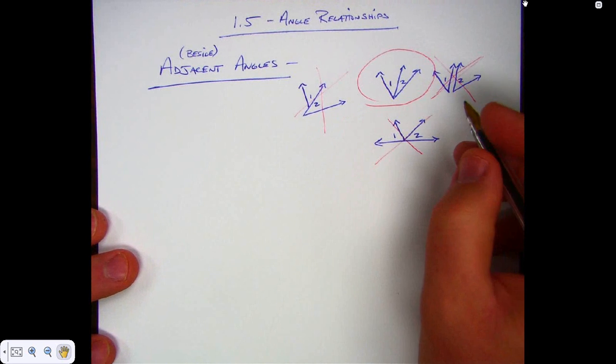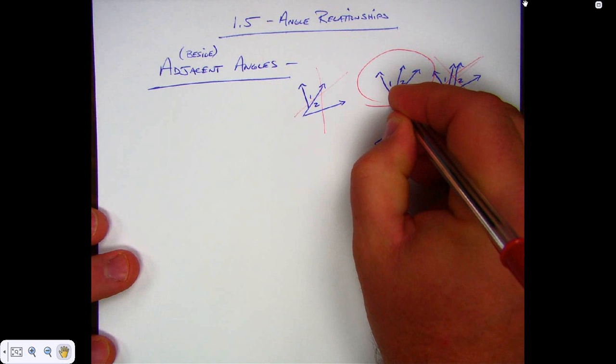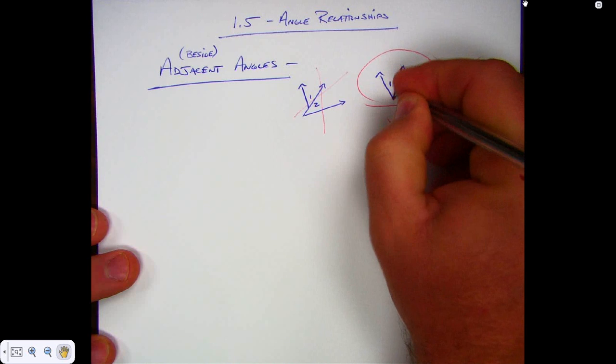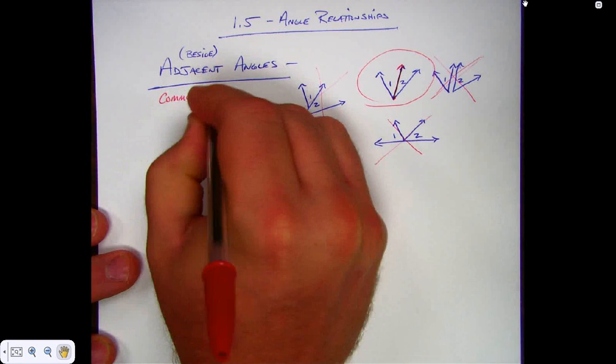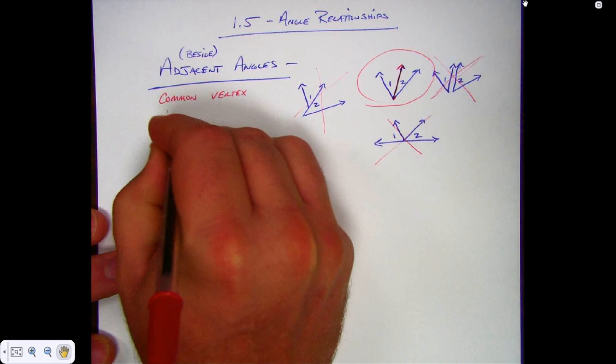In geometry, yes, adjacent means beside, but in geometry, they have to have a common vertex and common side.